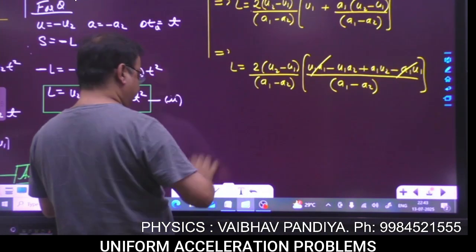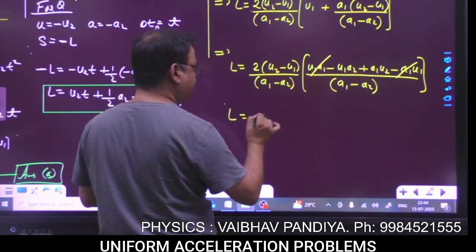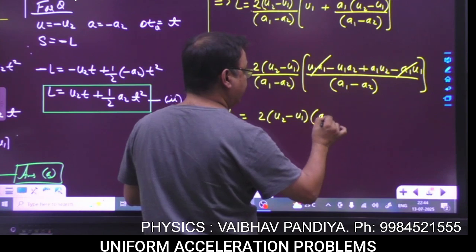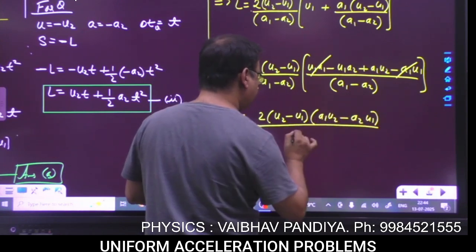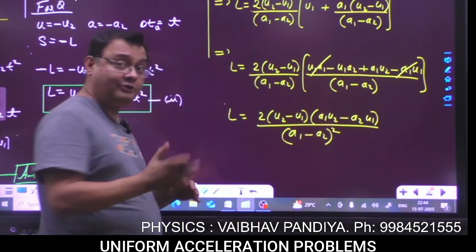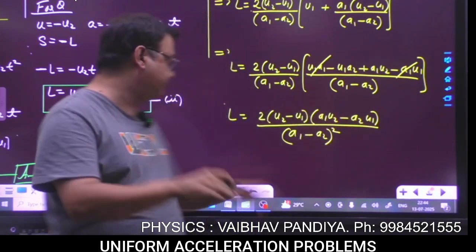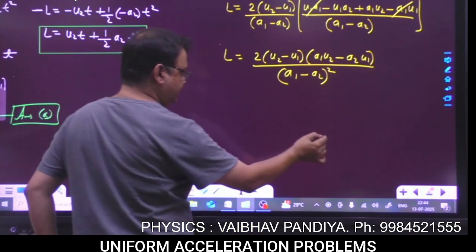So what is the length? You will get L equal to twice of (U2 minus U1) times (A1 U2 minus A2 U1), and here it is coming to be (A1 minus A2) whole square. This is the value of L, and L is the half length, correct? We have to find the distance AB. AB is what? 2L, correct?